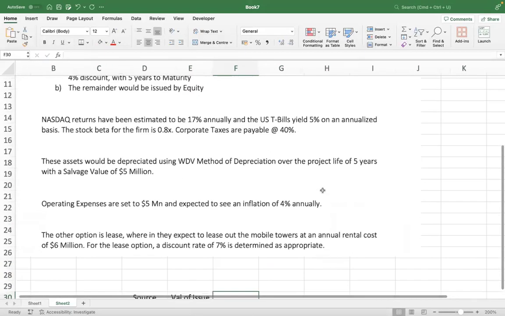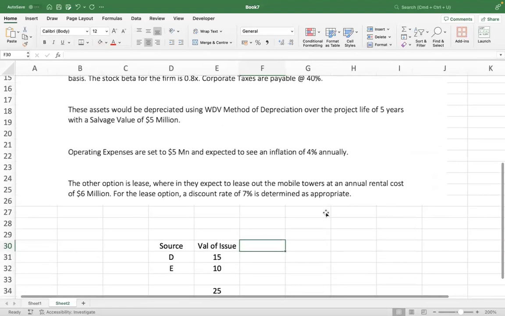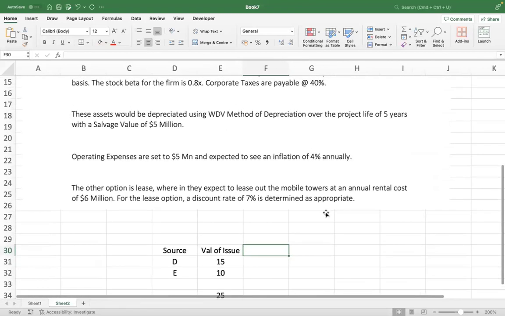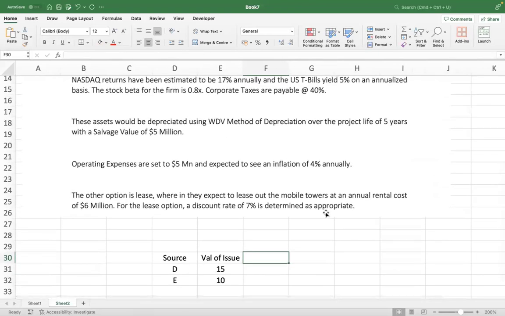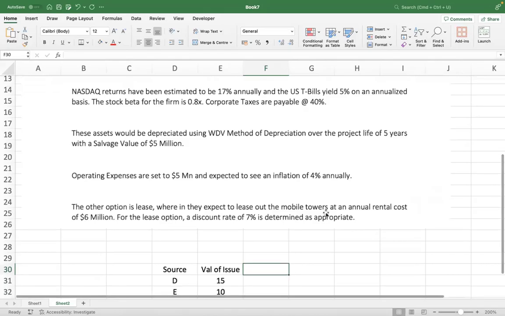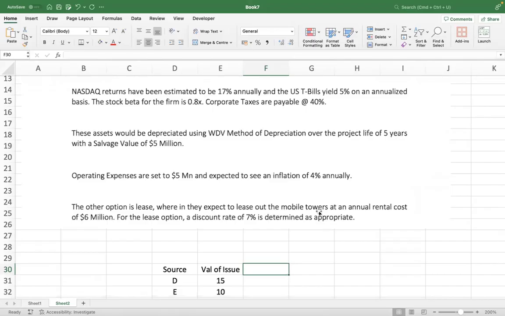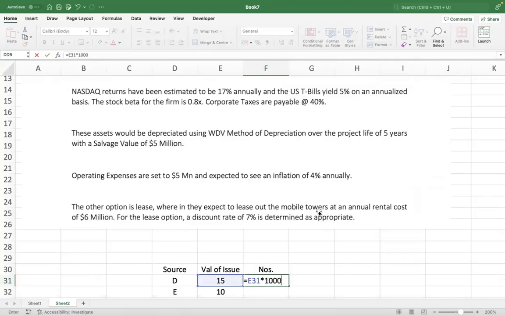Now, next step is what? You have to determine the market value weights. So how many bonds are you going to issue? 15 million is what you require.